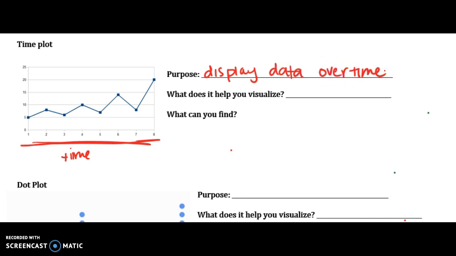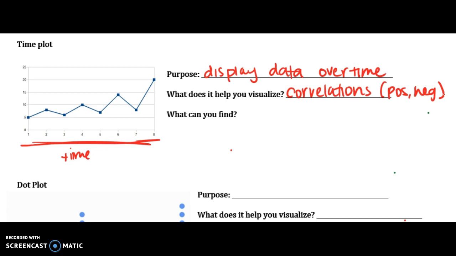It can help you visualize like trends or correlations. Like whether it's positive or negative, or none. Like if it's a bunch of dots scattered all over the place, it's really not a very helpful time plot.